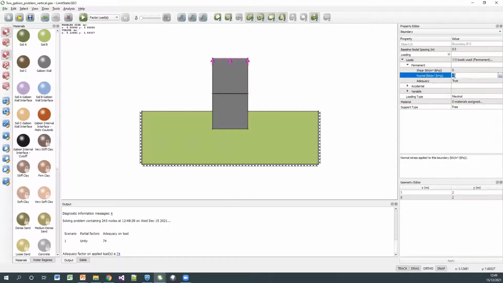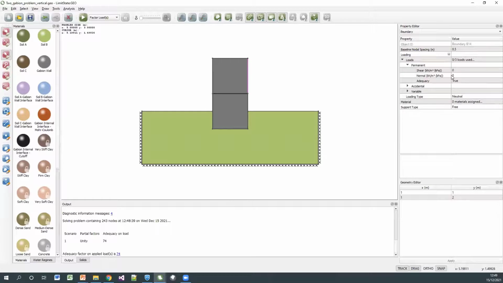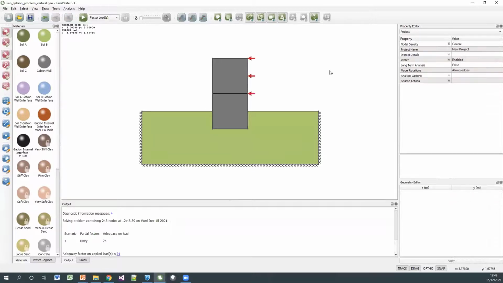So I'm going to take the load off here, and I'm now going to put on a horizontal load on the side, which we're kind of more interested in for retaining wall purposes. And if I solve that, what I get is a rotational failure. So it's rotating as a rigid block.